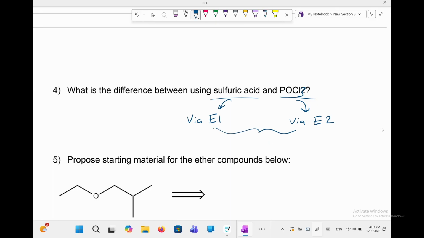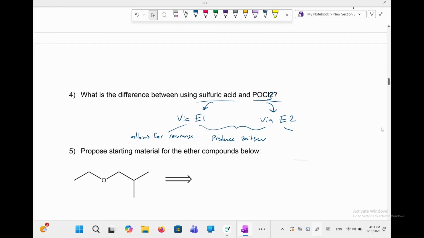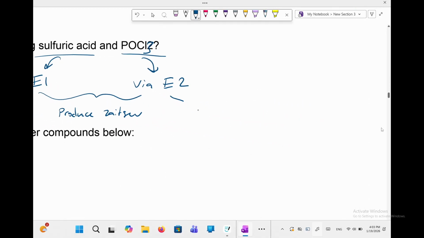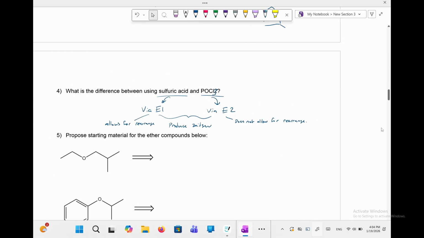Both reactions produce the Zaitsev product, but sulfuric acid allows for rearrangements, while POCl3 does not allow for rearrangements because it's E2. It's going to be fast. Okay, so let me know if you have any questions about that.